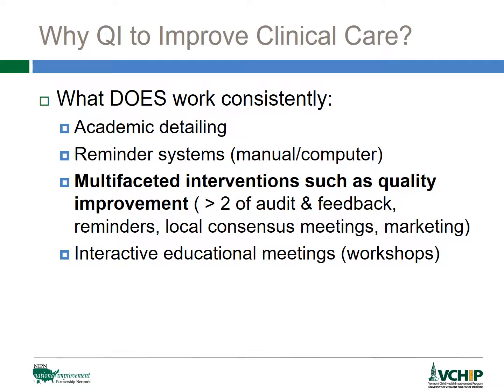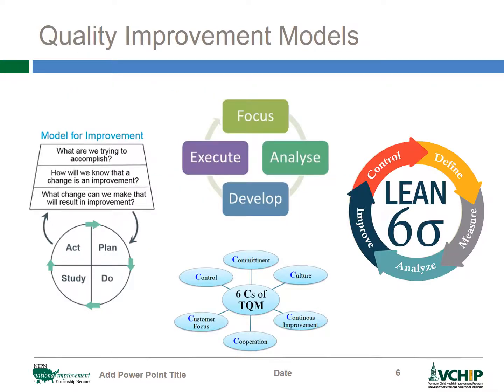And finally, interactive educational meetings or workshops are also effective in making change. So a typical QI would have many of these in place, such as academic detailing, interactive educational meetings, as well as several of those other strategies.